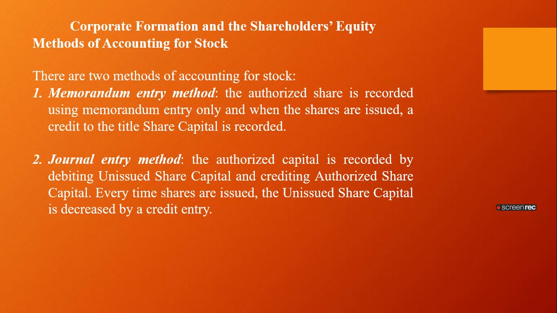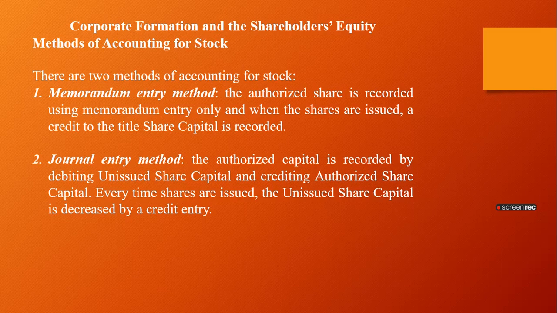In the memorandum entry method, the authorized shares are recorded using a memorandum entry only, and only when the shares are issued is share capital credited and recorded. In the journal entry method, the authorized capital is recorded by debiting unissued share capital and crediting authorized share capital. Every time shares are issued, the unissued share capital is decreased by a credit entry.